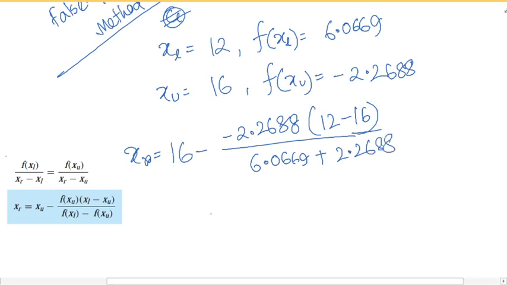So it will become 14.9113. So this is our initial case.